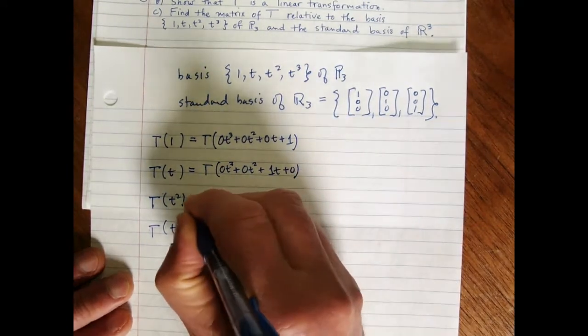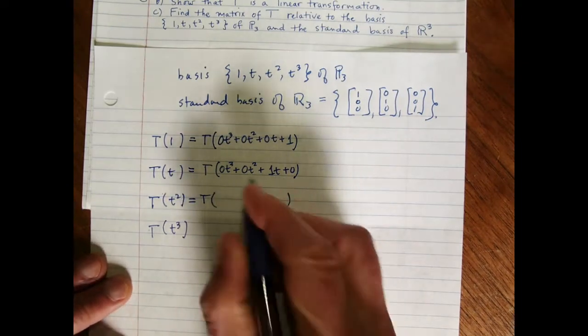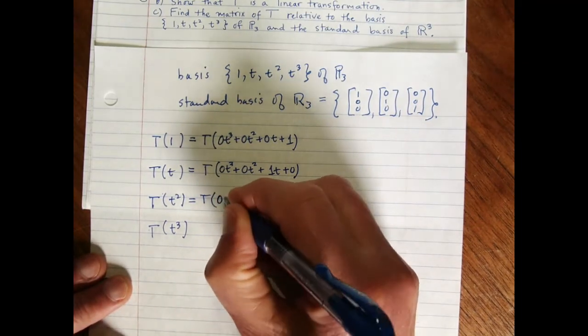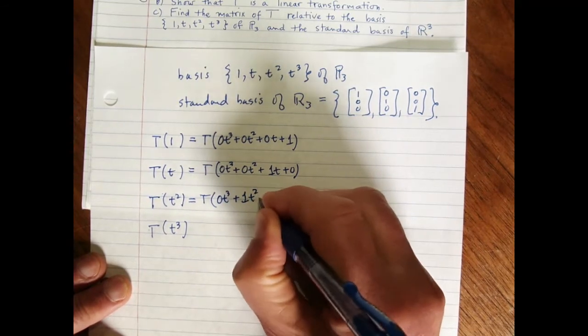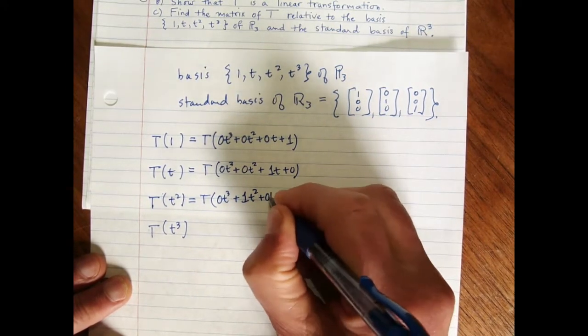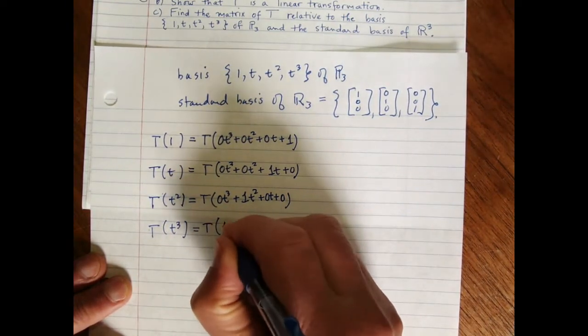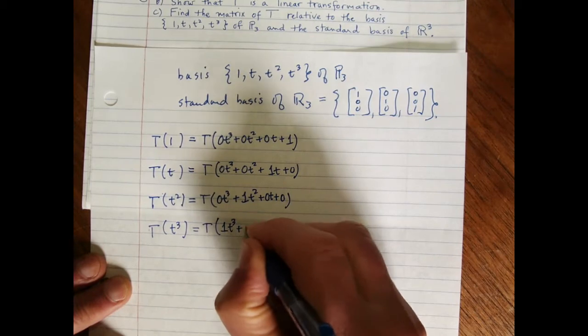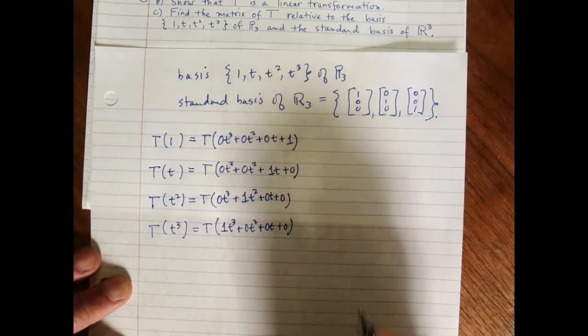So each element of P3 can be described as having 4 terms, but sometimes these coefficients are 0. And for these basis vectors, the coefficients are either 0 or 1. And so t cubed is 1t cubed plus 0t squared plus 0t plus 0.